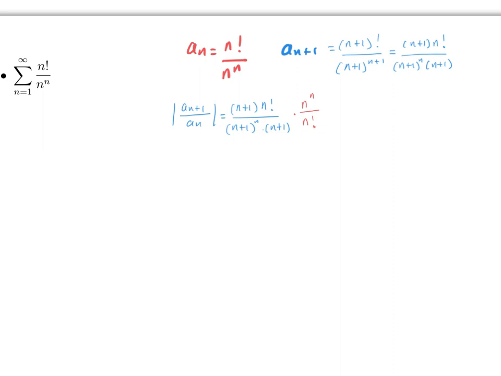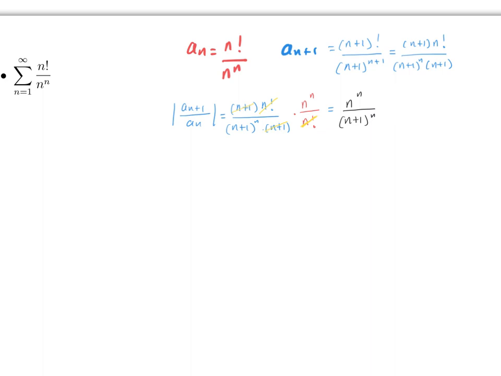Okay, again, there's no need for the absolute value because everything is positive. But here, you can tell right away the n plus 1 will cancel this n plus 1, and this n factorial will cancel this n factorial. So therefore, this will simplify to n to the n power divided by n plus 1 to the n power.